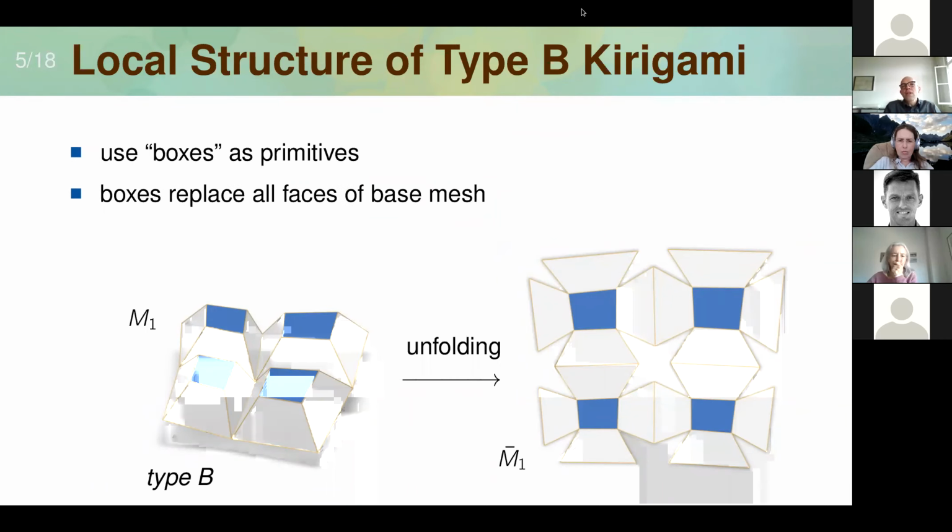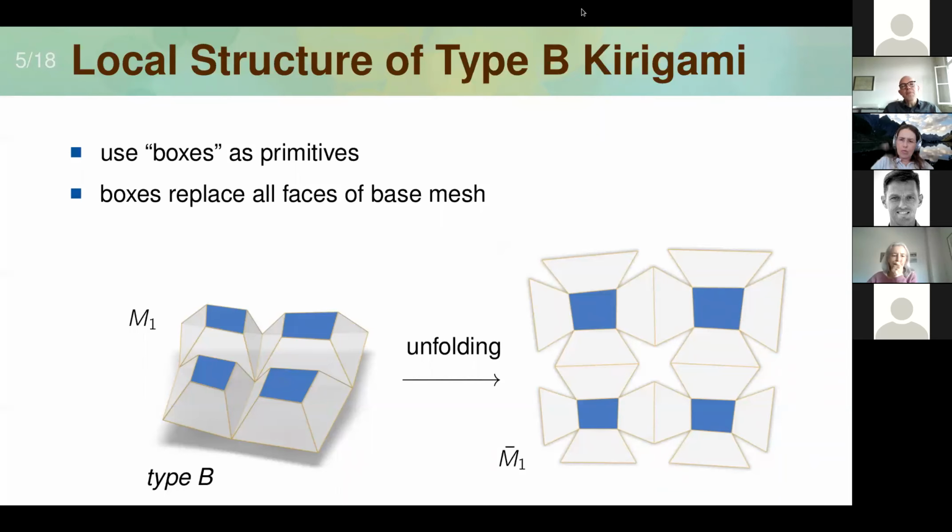The local structure of such a Kirigami pattern is as follows. So we use as a primitive a so-called box. A box is combinatorially a cube with one face missing. And what we do with those boxes is we consider a base mesh, a quad mesh, and we replace all faces by boxes.